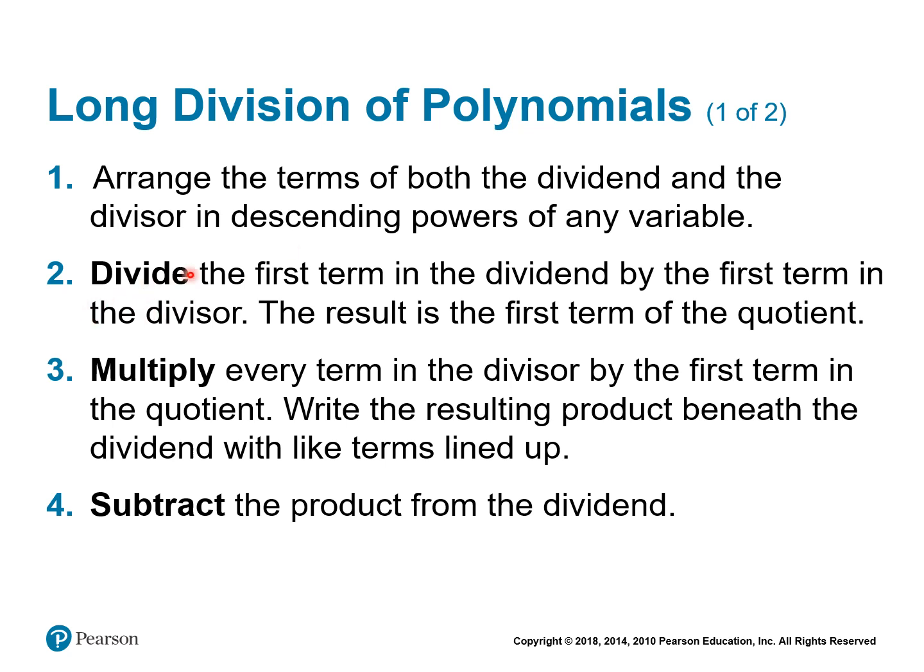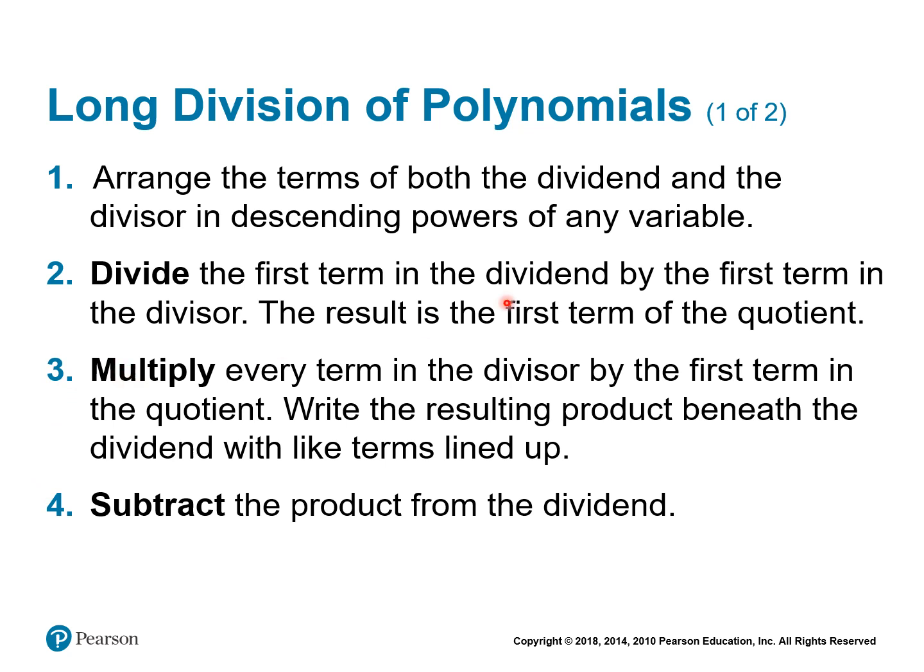Step 2, divide the first term in the dividend by the first term in the divisor. The result is the first term of the quotient. That's what I showed you, that we have to take the first term of the dividend and divide it by the first term of the divisor. Remember, I was doing that on the side to determine what each term of the quotient would be.